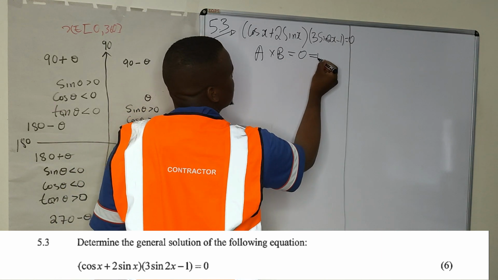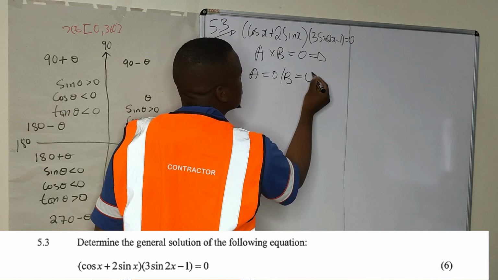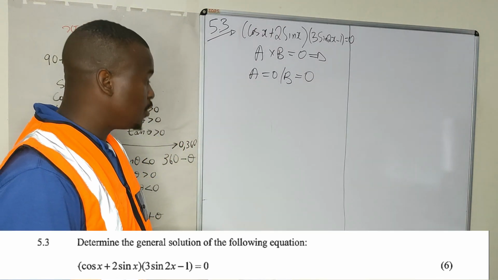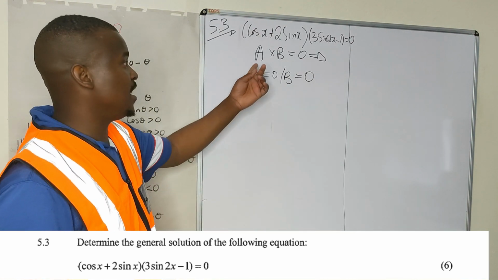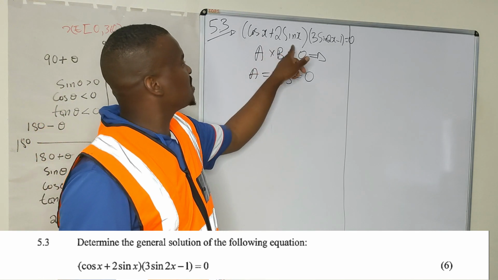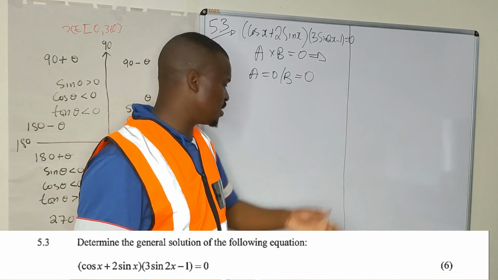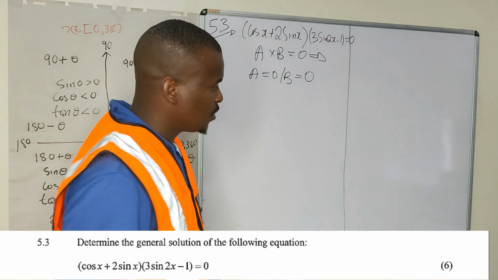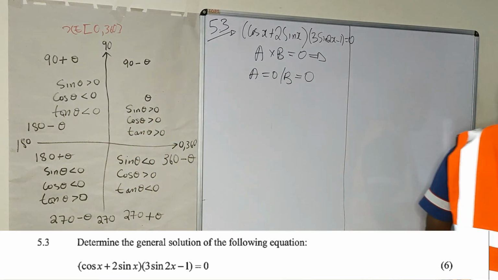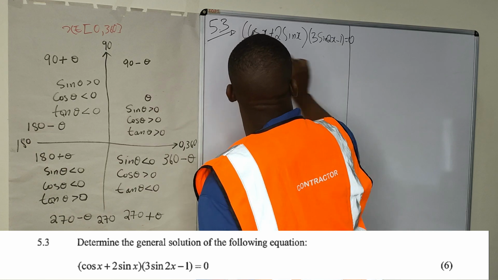What this tells you is that either A is equal to 0 or B is equal to 0. Same thing: if you have two brackets multiplying each other, either this one is 0 or that one is 0. Then you can start solving from there. So I'm going to clean the board and then try to solve this general solution.